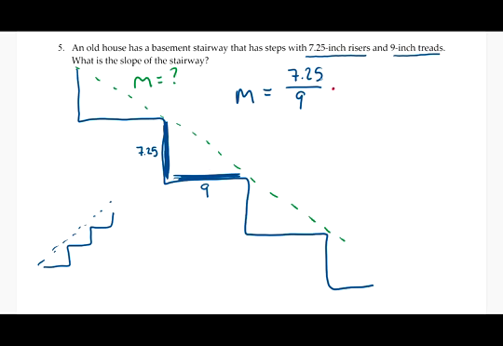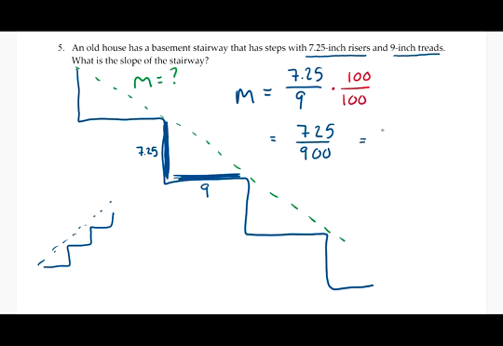Now, the way to get rid of this decimal is to multiply by 100, because that'll move the decimal point 2 places to the right, giving us 725, and we can't just do the top, we have to also do the bottom. Okay, so that'll give us 725 divided by 900. And let's simplify this. Well, 725 is definitely divisible by 25, and so is 900.